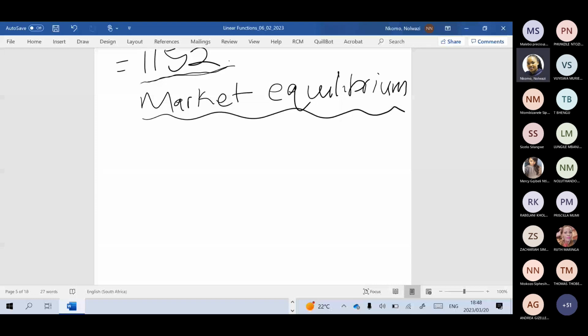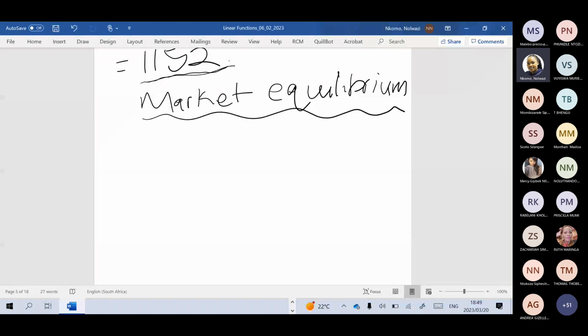Even here, for nonlinear functions, to get the equilibrium point, we will use that the quantity demanded equals the quantity supplied. If we talk about equilibrium, we always equate the supply function and the demand function.